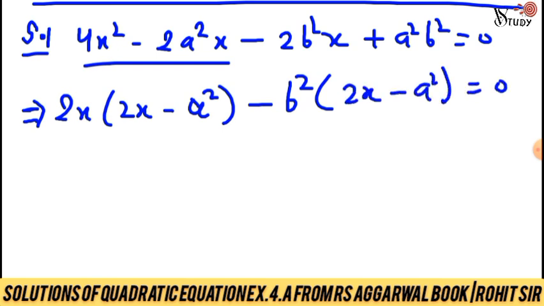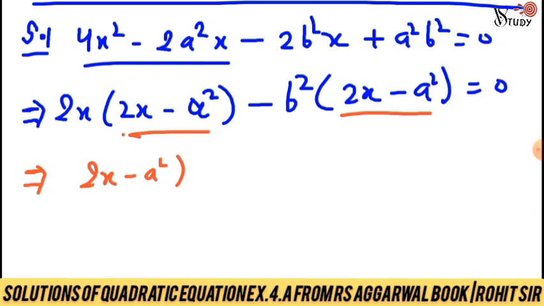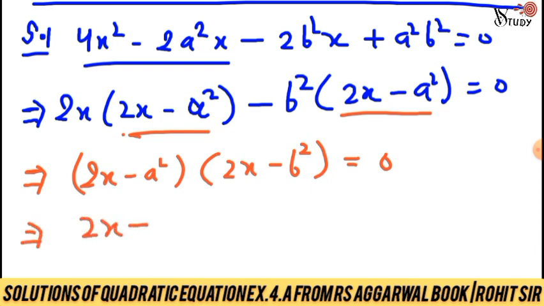It is a very easy question. Now take this and this as common because it is the common multiple in both the terms. Now taking common (2x negative a square), then we have (2x negative b square) as a quotient. Now put 2x negative a square is equal to 0, or 2x negative b square is equal to 0.